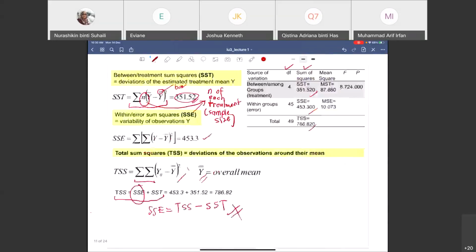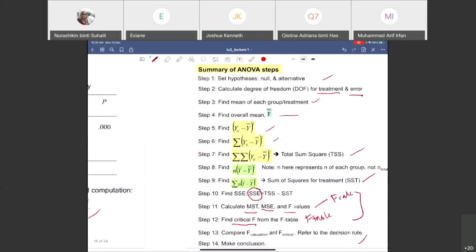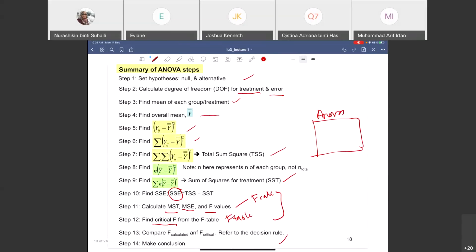We set the hypothesis. Let's have a look at the steps. We do the calculation, and you have to generate the ANOVA table. Then you find the degrees of freedom, the mean of each group, treatment or sample, the overall mean, and the SST, using the formula I mentioned just now.